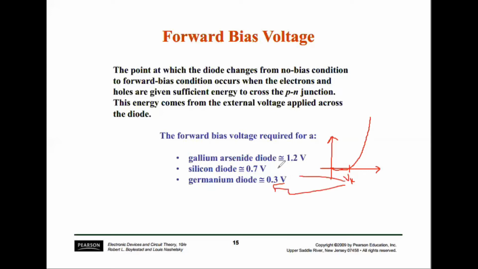For silicon, it will be 0.7 volts, while for gallium arsenide, it will be 1.2 volts, because below these voltages the diode will act as an open switch. This is this region, and when you surpass this value, the diode will be conducting and will behave as a conducting wire.